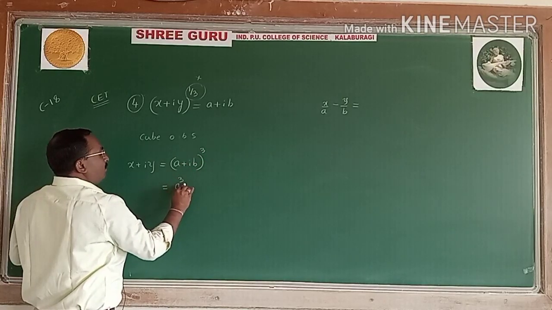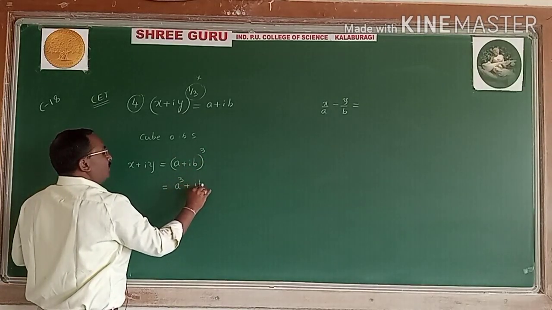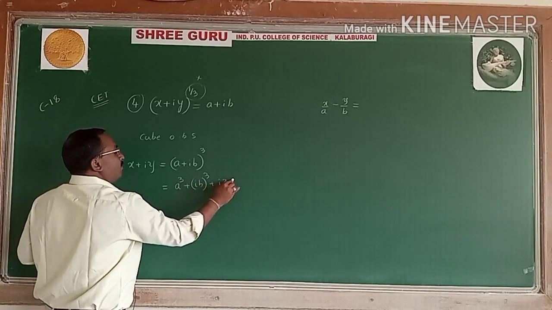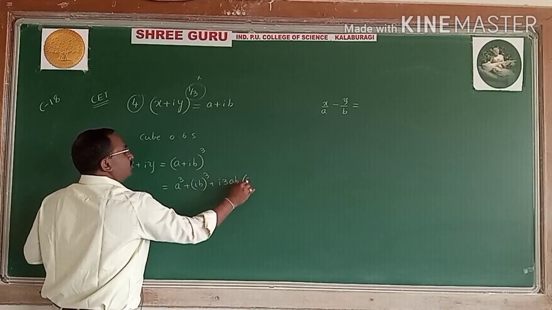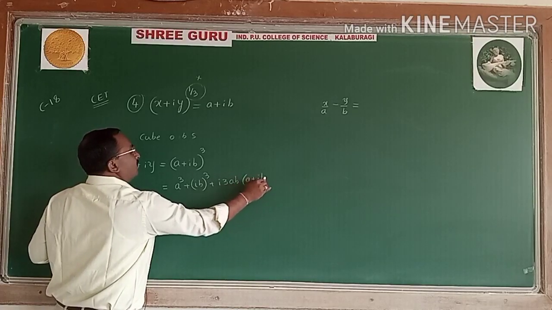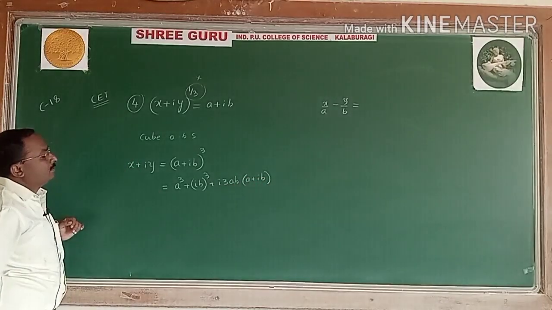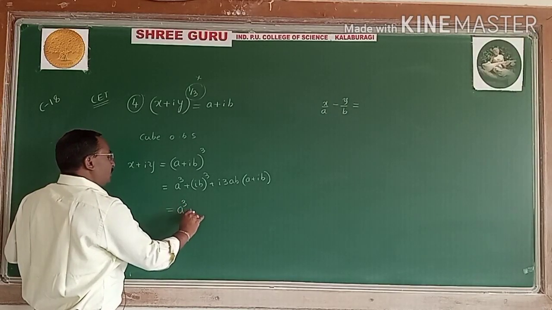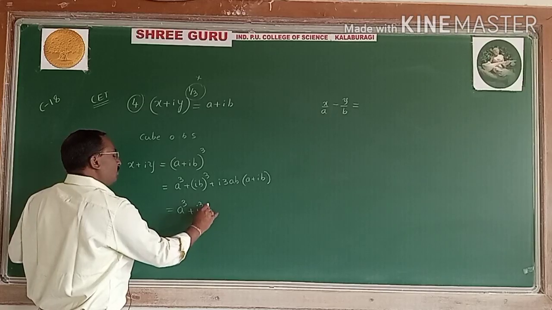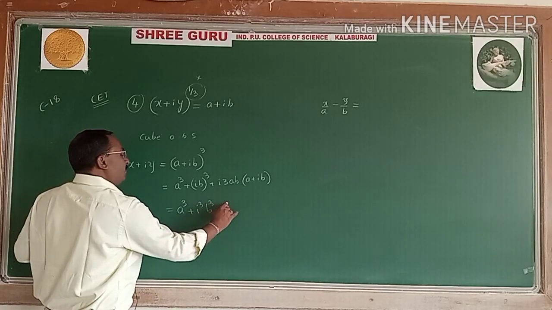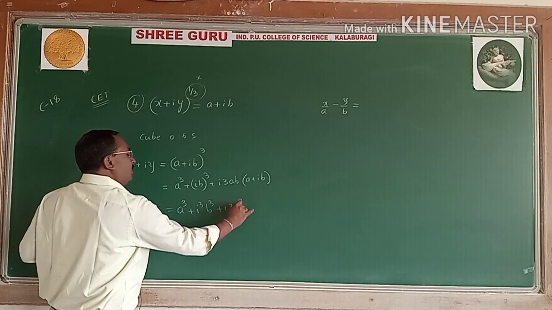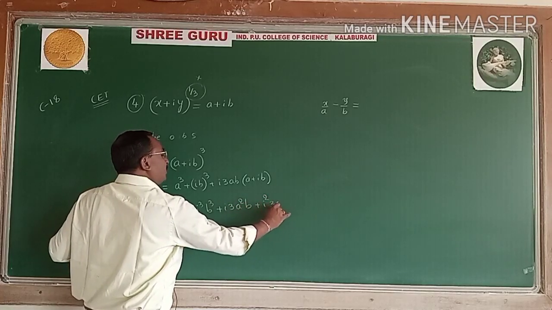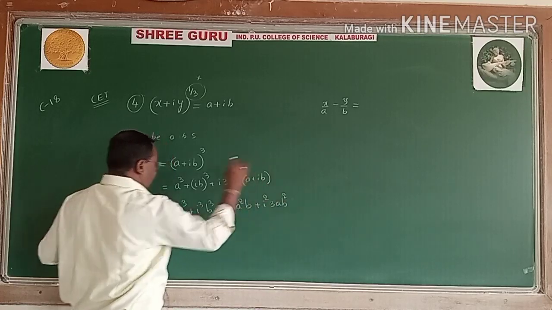a cube plus b cube plus 3ab times (a plus b). So a cube as it is, plus i cube into b cube, plus i times 3a square b, plus i into i square 3ab square.